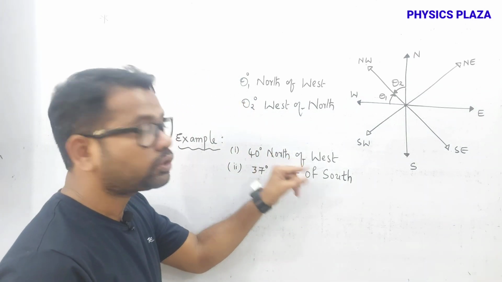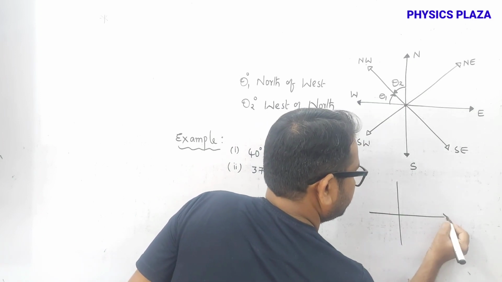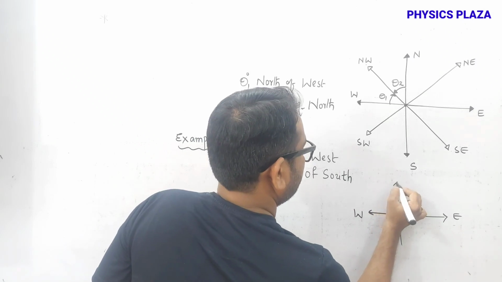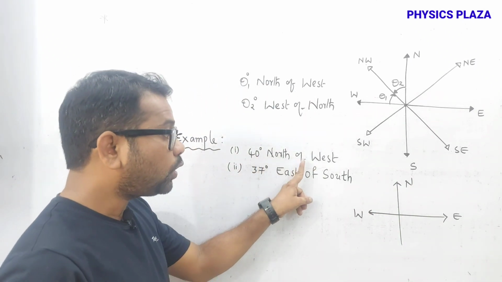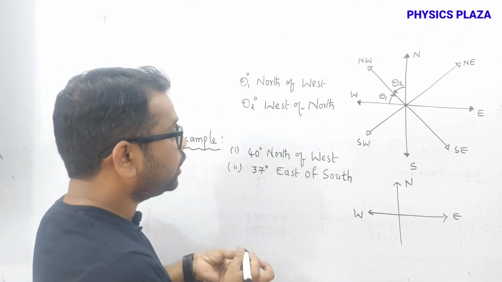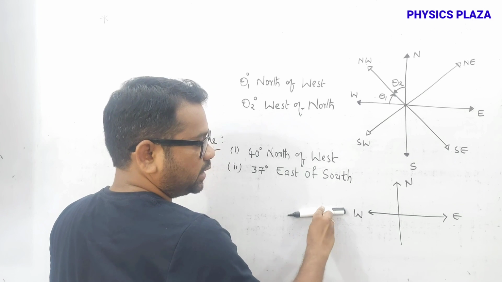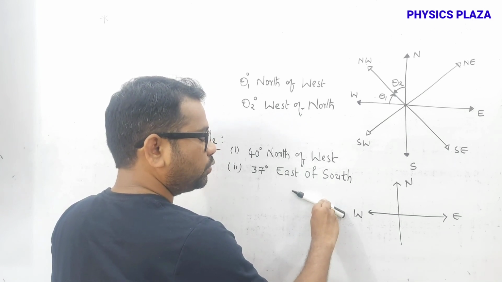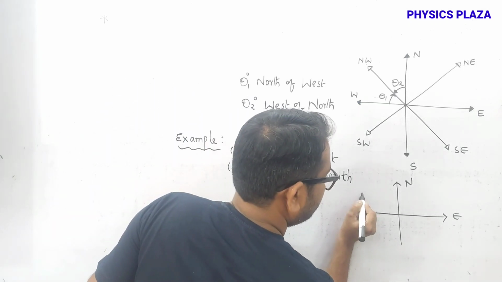40 degrees north of west means, look at here. This is east, west, here north. They are saying 40 degrees north of west, which means already one vector is there along the west like this, and it is rotated towards north by 40 degrees angle.